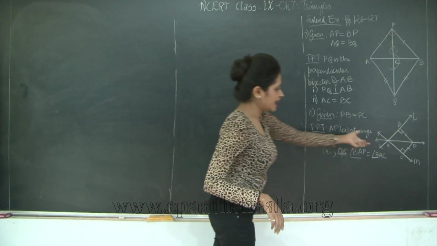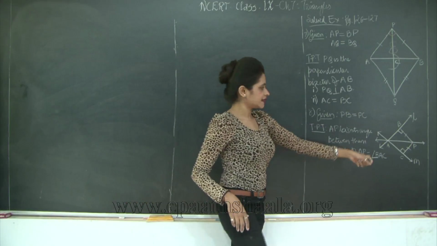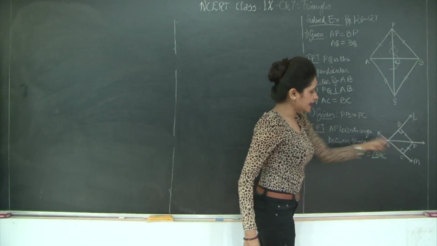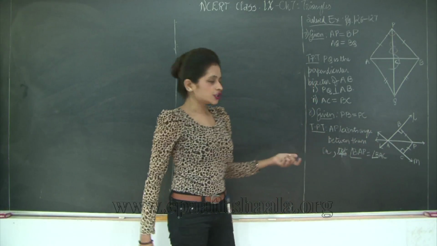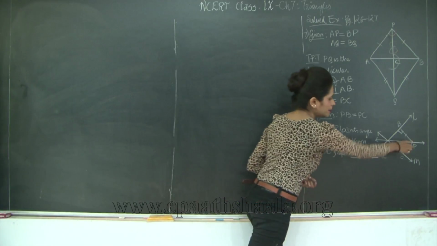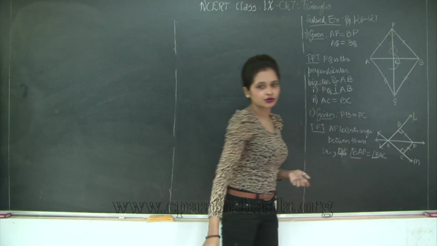So the 8th one, we have this diagram here that PB is equal to PC. That is, PB is the altitude on line L and PC is the altitude on line M. Right? What do you need to prove? You need to prove that AP bisects the angle between them. Therefore, AP bisects the angle, this angle is getting bisected, you need to prove it.